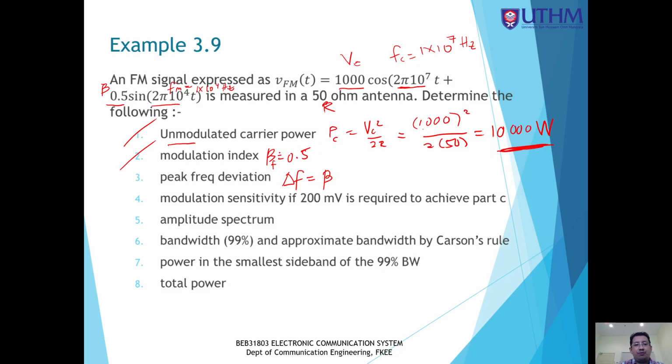You can write beta or beta F, doesn't matter. So for example, beta F multiplied with the modulating signal frequency, you will get delta F. So in this case, it is actually 0.5 multiplied with 10 kilohertz. 1 times 10 power of 4 is actually 10 kilo, there are 4 zeros.